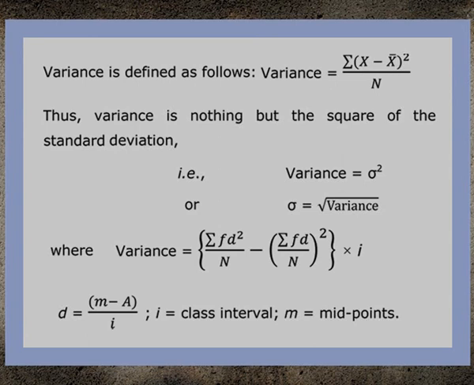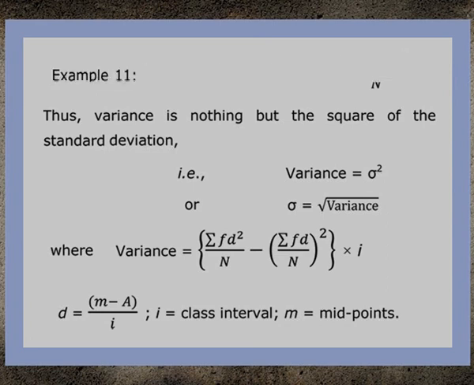This variance is nothing but the square of the standard deviation. That is, variance is equal to sigma square, or sigma is equal to the square root of variance, where variance is equal to sigma fd square divided by n minus sigma fd by capital N, the whole square, times i. Again, small d here is equal to small m minus capital A divided by i, where i is the class interval and small m is the midpoint.